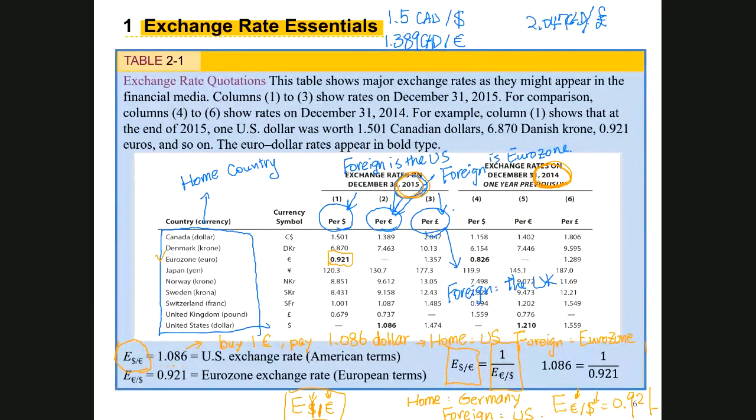The price is supposed not to change because you didn't spend any money. So if we just flip the home country and the foreign country, the product of those two exchange rates is supposed to equal 1.